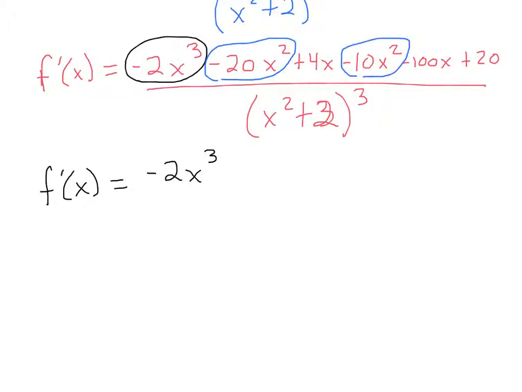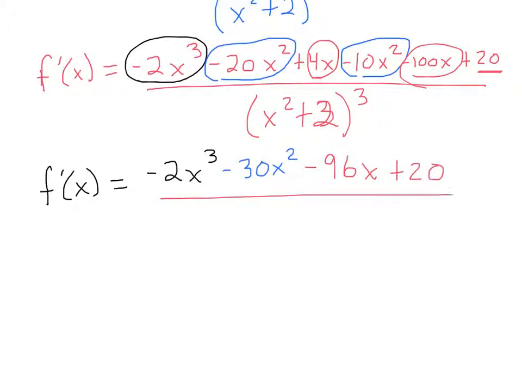Negative 20x squared and negative 10x squared is negative 30x squared. And then 4x minus 100x gives me negative 96x. And then the 20 doesn't have a like term, so I'm just going to go plus 20. And that is all over x squared plus 2 cubed. And so here's my derivative right here.